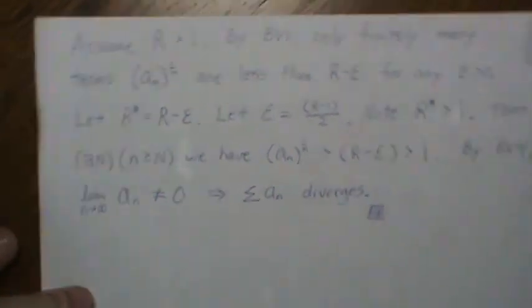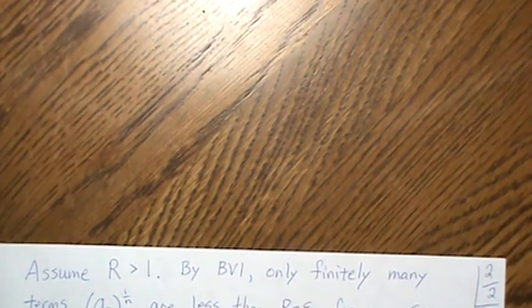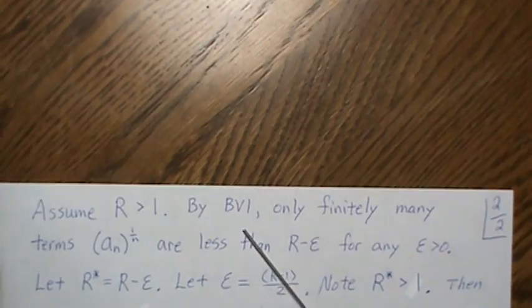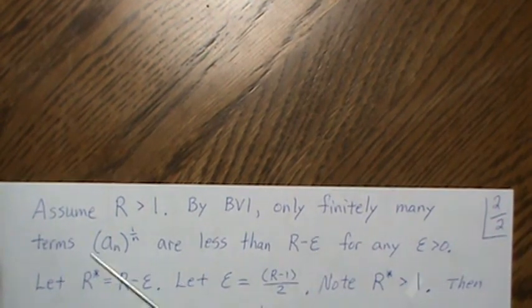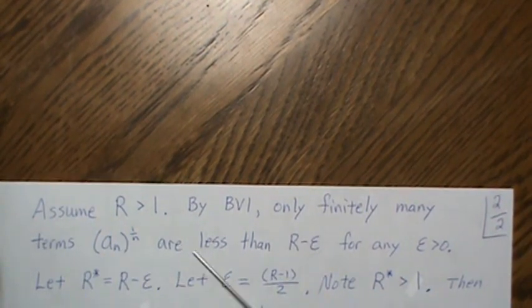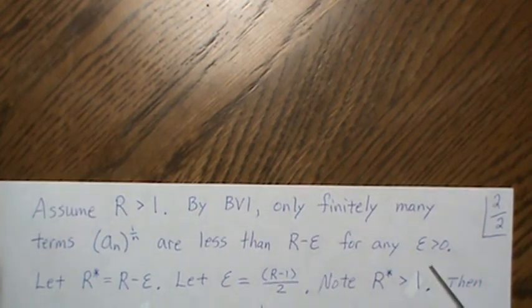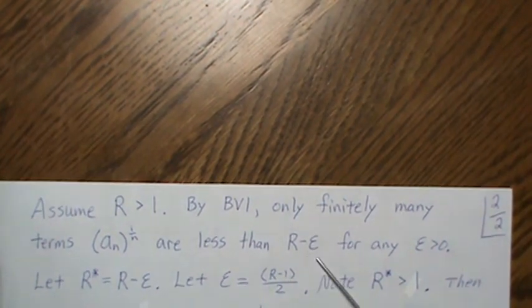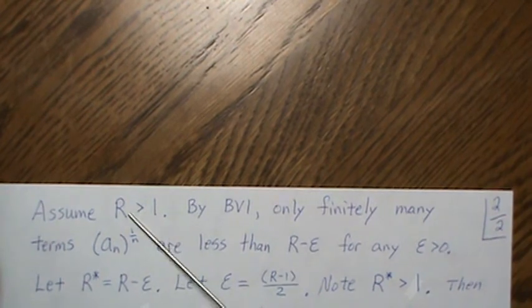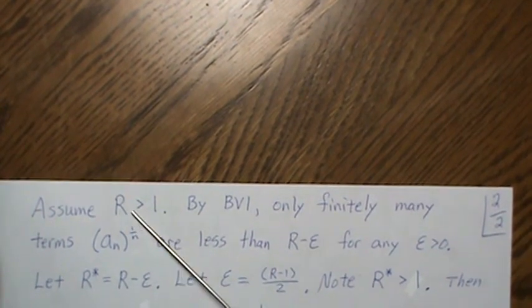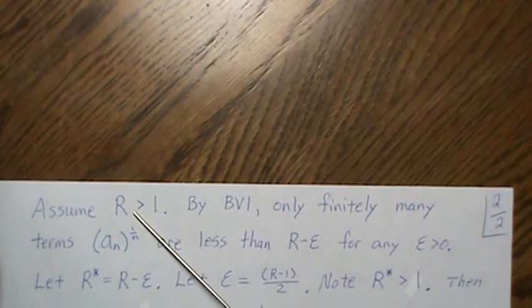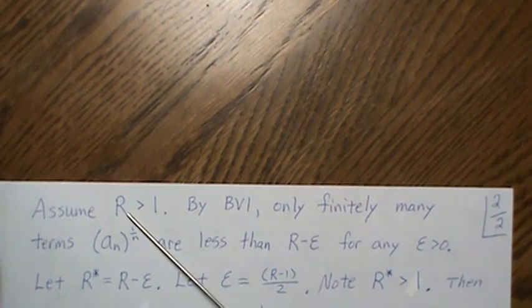Now let's look at when we assume R is greater than 1. By BV1, only finitely many terms of this type are less than R minus epsilon, and this for any epsilon. We're letting R be greater than 1, so we're going to subtract off something from R that still keeps us above 1.